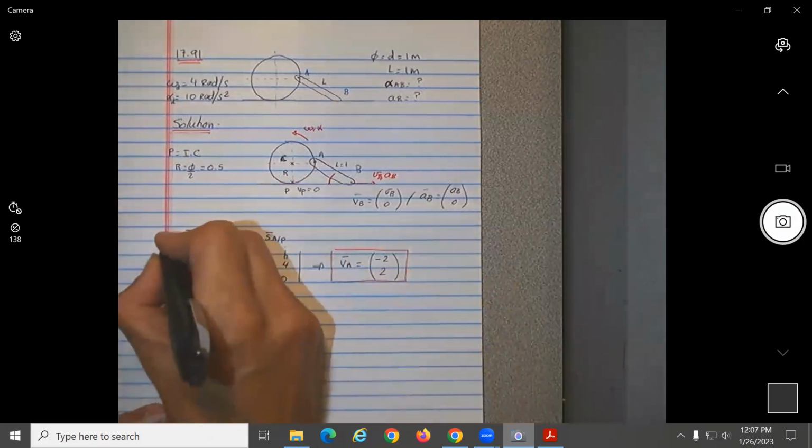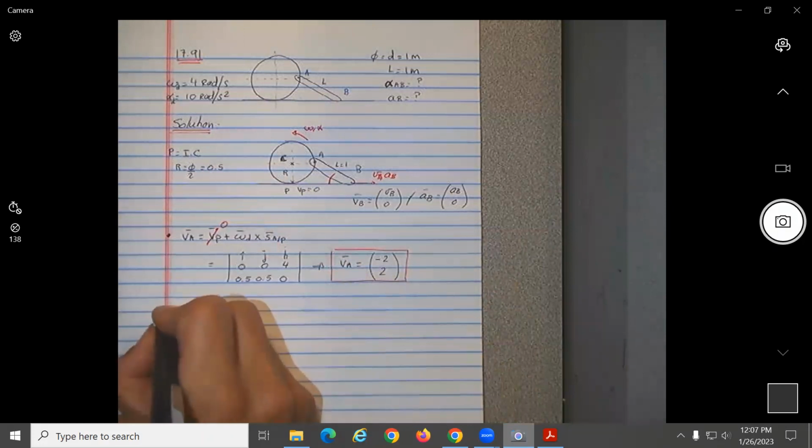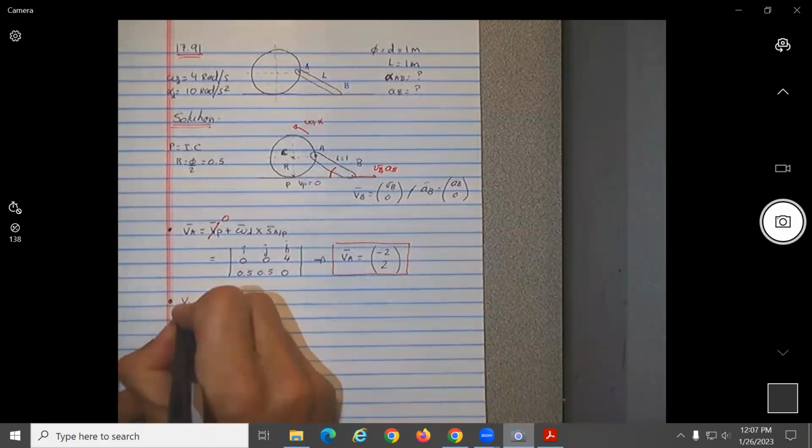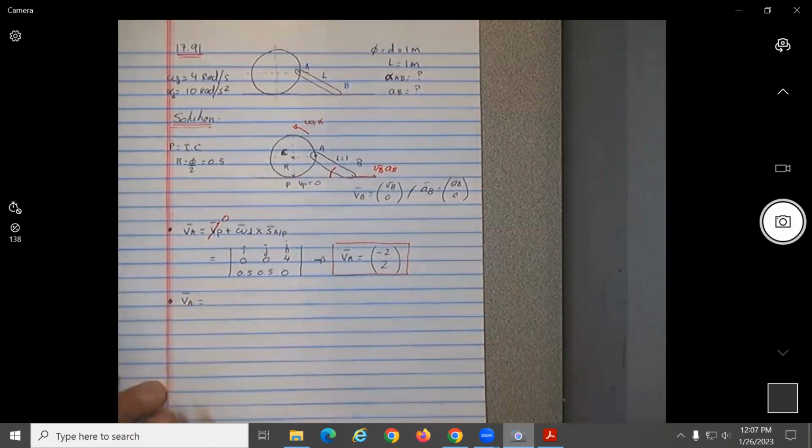Okay, so what was the second rule when solving these problems? Find the velocity or the acceleration of one point from two different locations. So now we can find the velocity of point A from where? From point B, no?